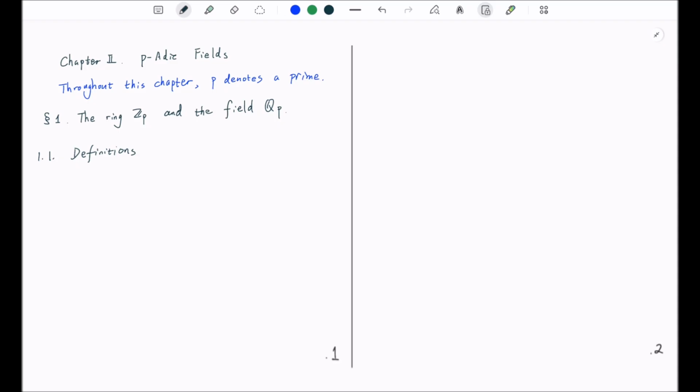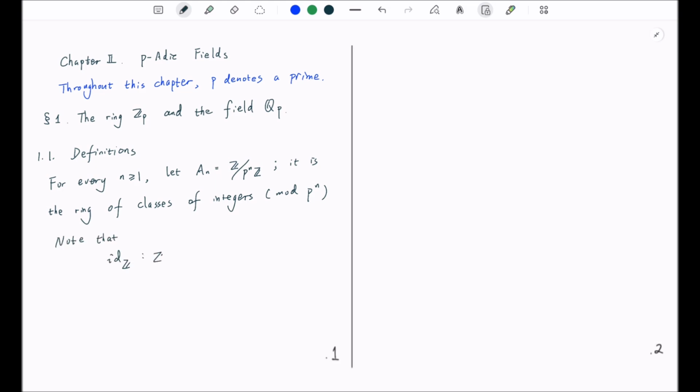For every positive integer n, let A_n be the ring Z mod p^n Z. This is a ring of the classes of integers modulo p^n. Note that the identity map on Z will naturally induce a homomorphism from A_n to A_{n-1}.